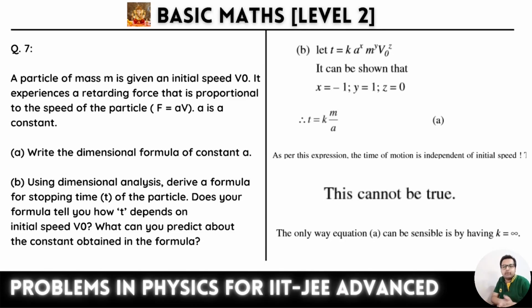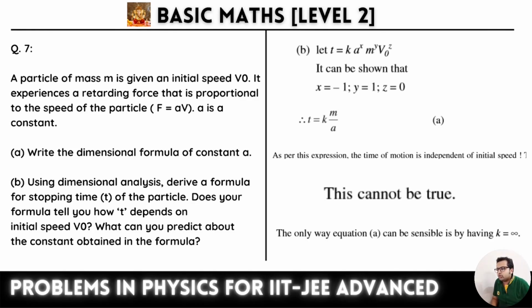So we can write T is equal to K, where K is a proportionality constant, a to the power x, m to the power y, and v naught to the power z. So we are assuming that the stopping time is dependent on a, that is the constant, the mass, and the velocity.